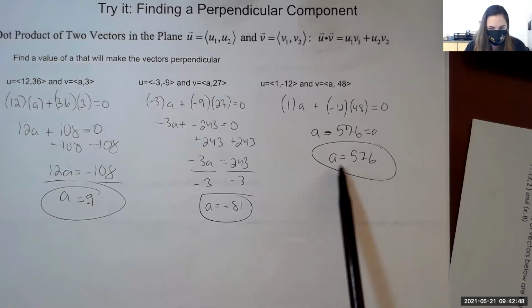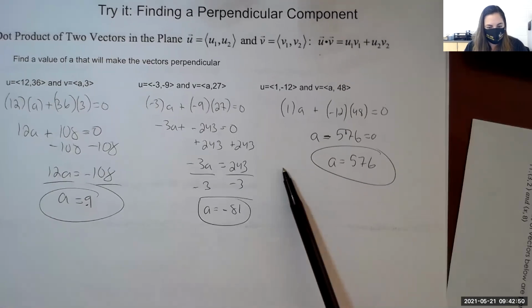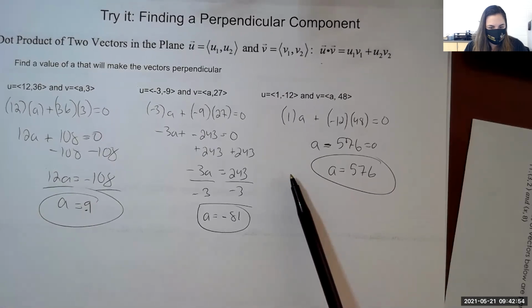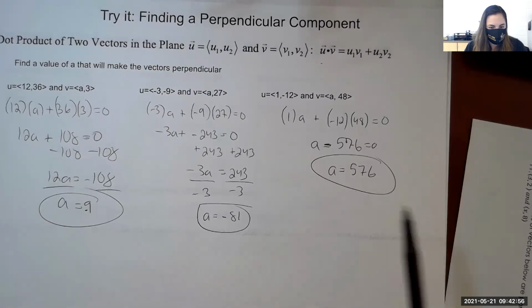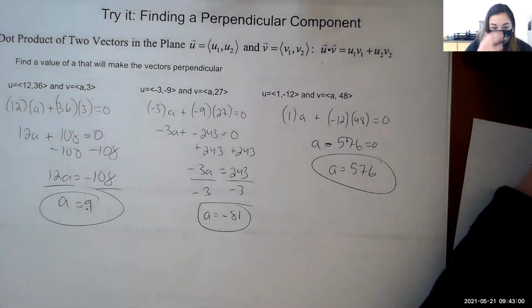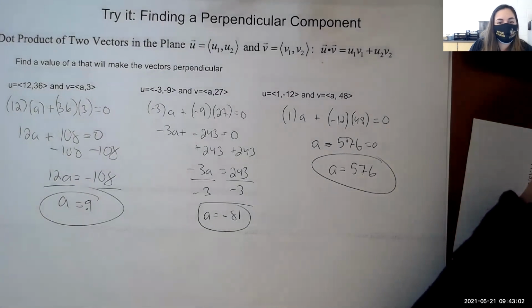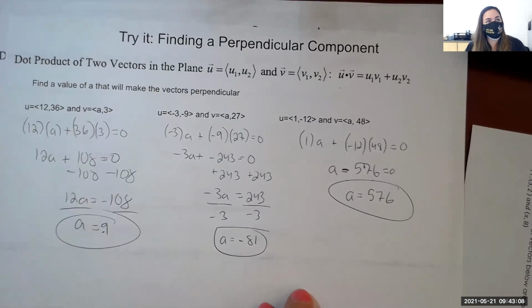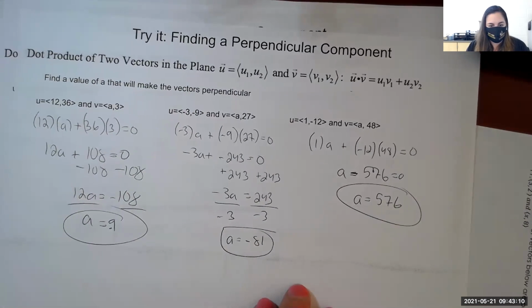So a has to be 576. All right, any questions about this for now? Okay, I'm going to go ahead and go forward.